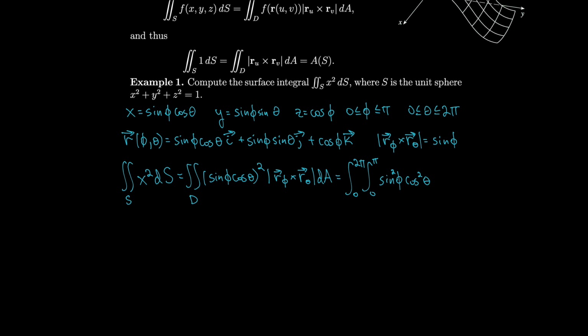And then we said that this was the length of our cross product, so we'll throw that in there, sine phi. And we are integrating with respect to phi and then with respect to theta. So then this is equal to the integral from 0 to 2 pi of cosine squared theta d theta times the integral from 0 to pi of sine cubed.